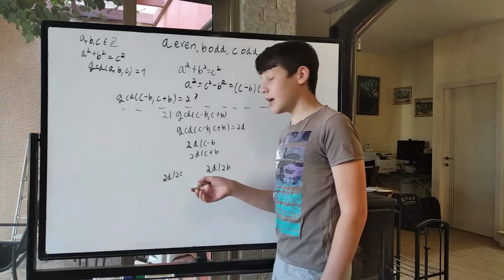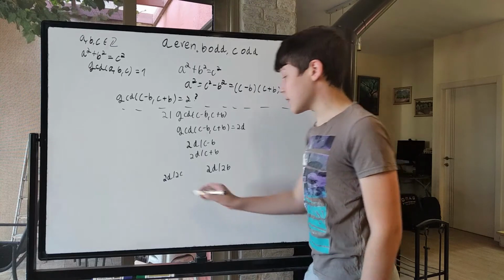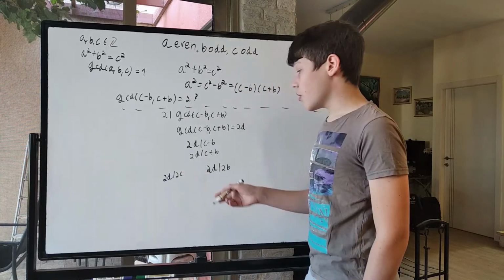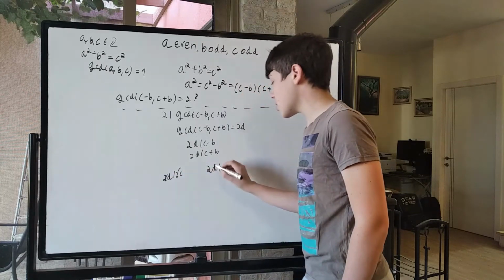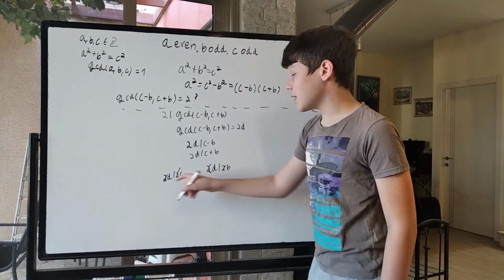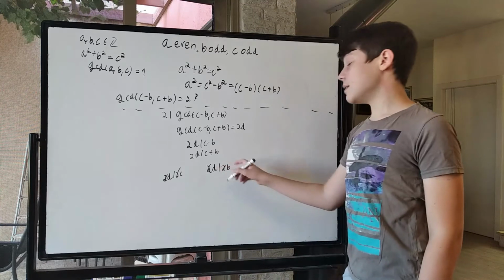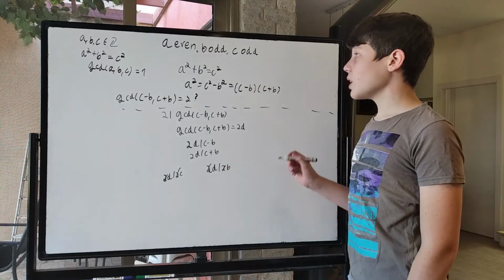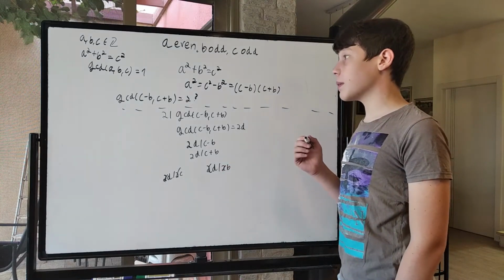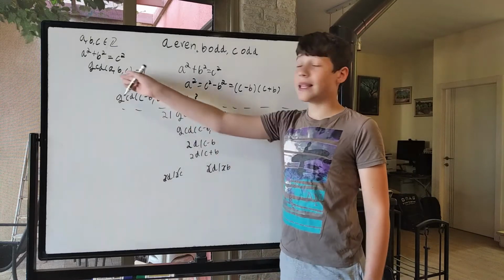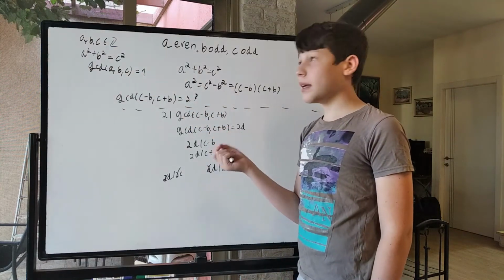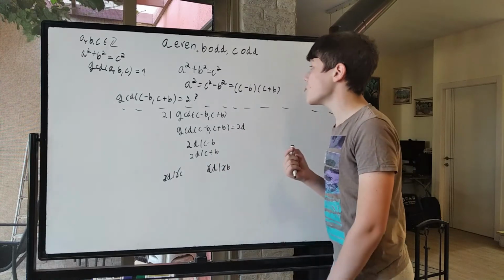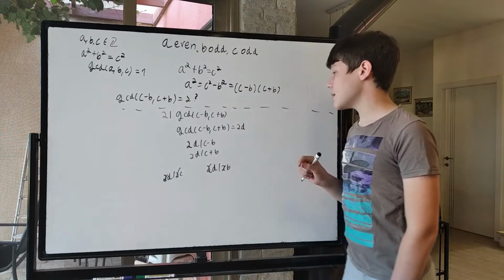Now, in cases like this, we can obviously remove the 2. So we can sort of cancel out the 2. And we get that D divides C and D divides B. Now at first it doesn't seem like a problem because it could just be the case that D does not divide A and their GCD is still 1 and it's still a primitive Pythagorean triple, but that is not the case.